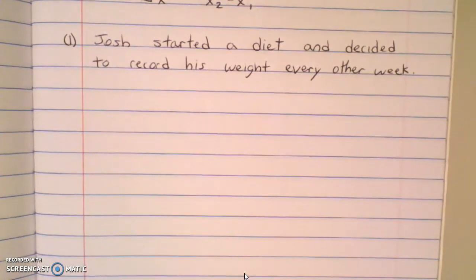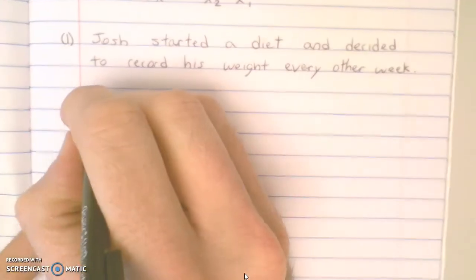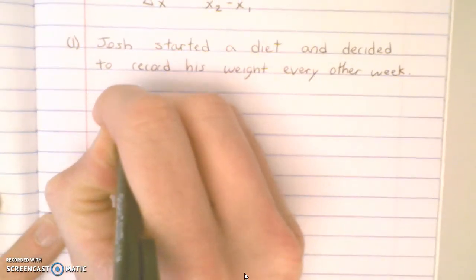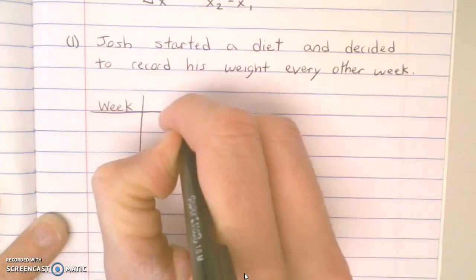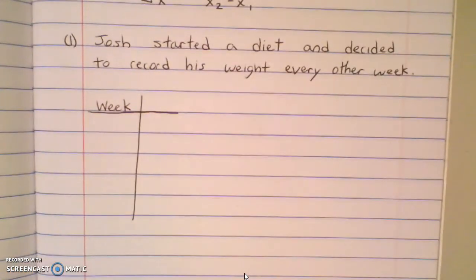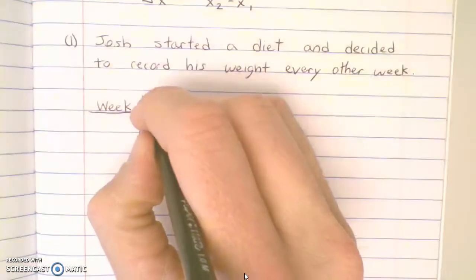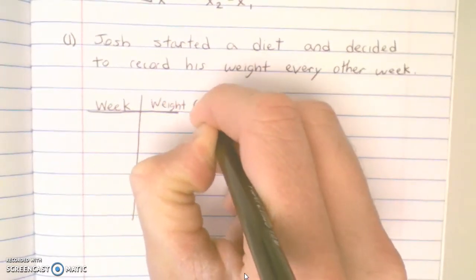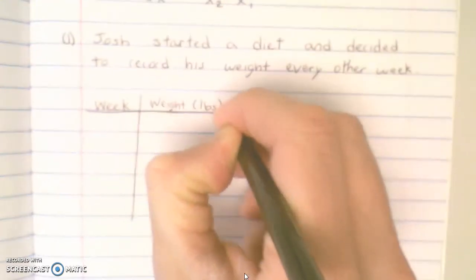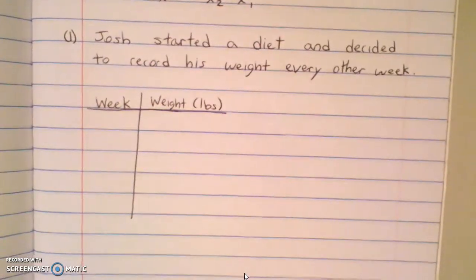So we have this person, Josh, who decides to see the impact of his diet. So what we're comparing here is the week and then his weight in pounds. LBS is the abbreviation for pounds.